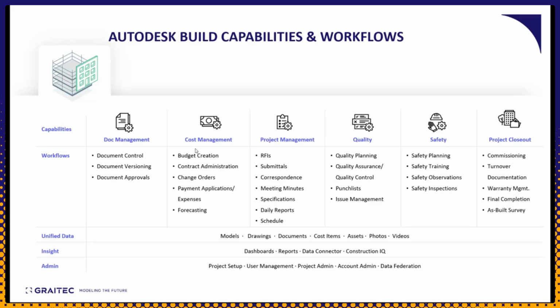We have cost management integrated, and we have multiple project management tools like where the RFI review process will happen, the submittals review workflow, meeting minutes, and every single tool needed for the field management. We have quality and safety modules, whether it's the quality safety inspection, checklist, or issue management, and of course, project closeout.